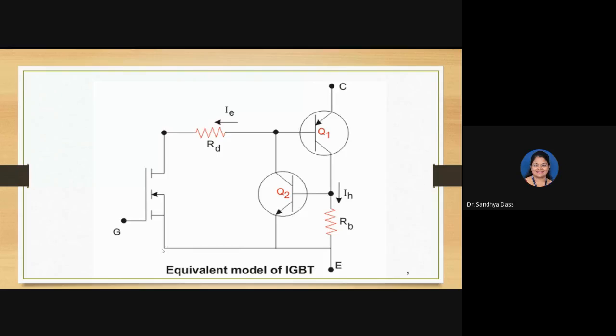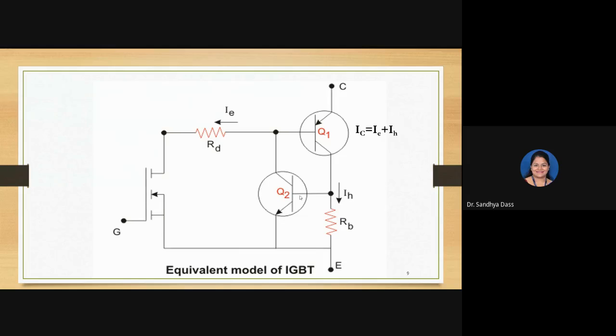When there is a free path for the charges to flow, obviously there will be a path for current to flow. From this device, the output we are expecting is the collector current, right? The collector current IC in IGBT constitutes two currents, IE and IH.